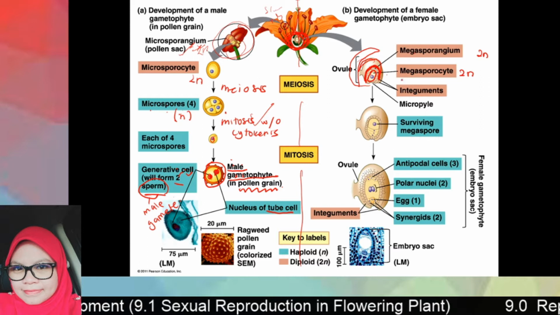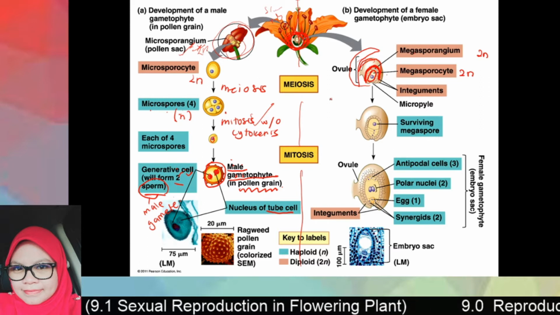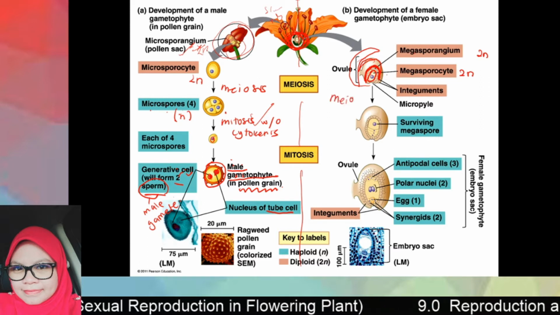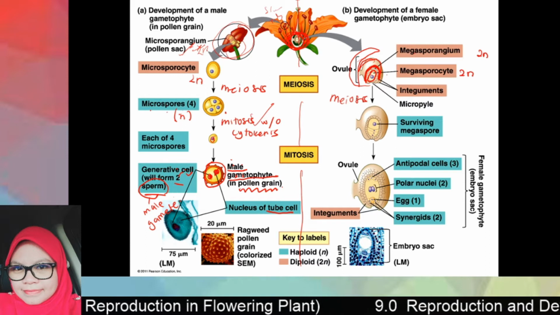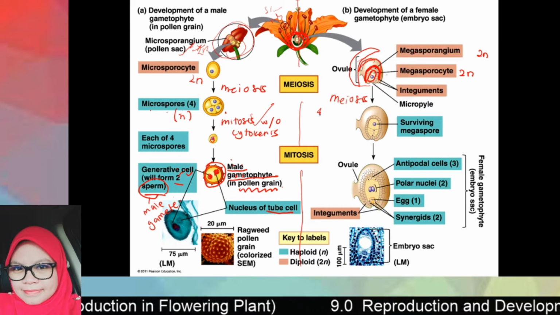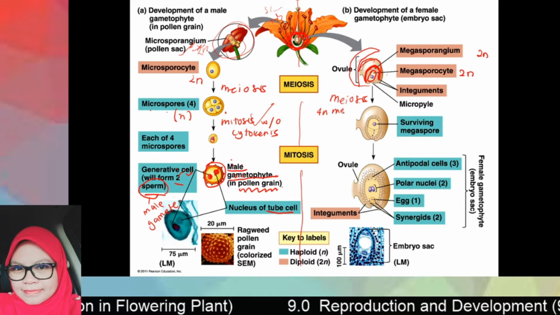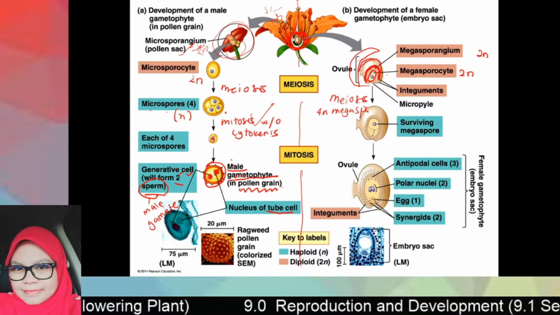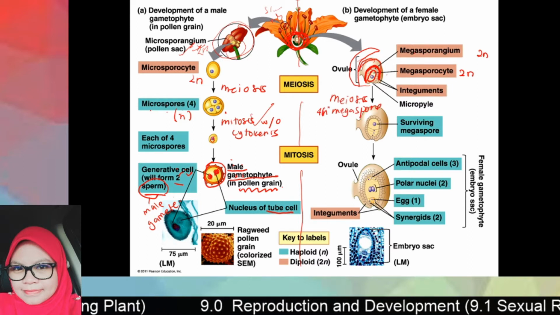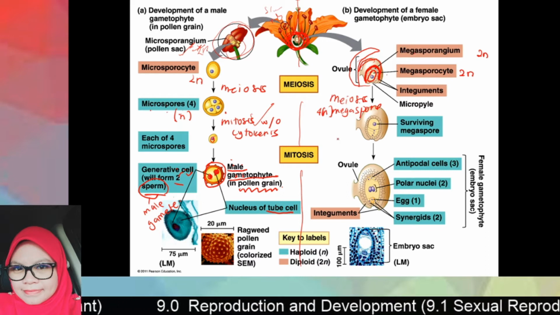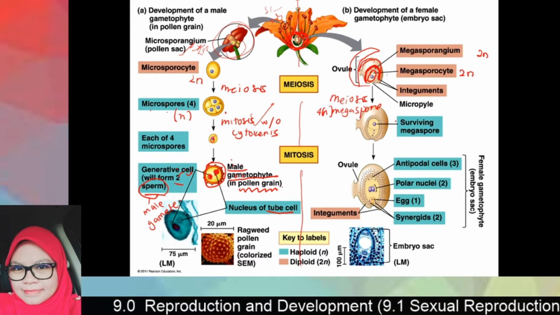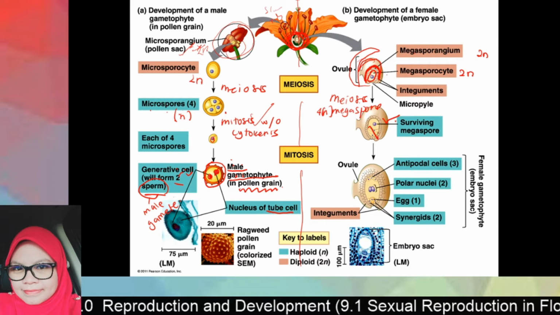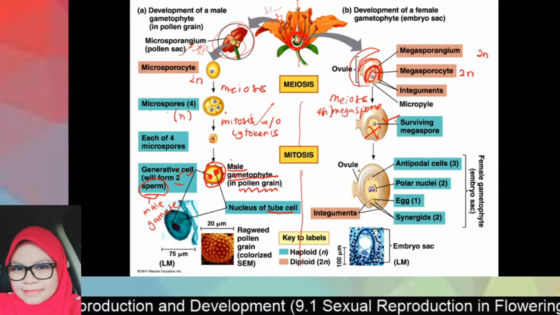Then this megasporocyte may undergo meiosis to produce 4 haploid megaspores. But then only one will survive. The other 3 will disintegrate.